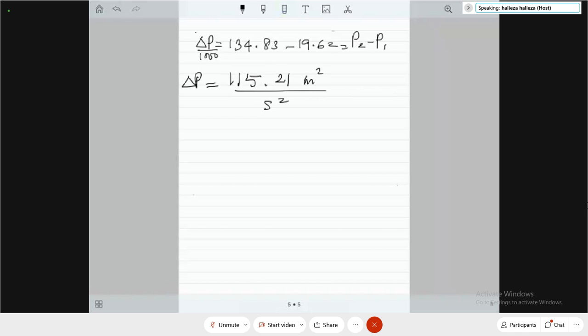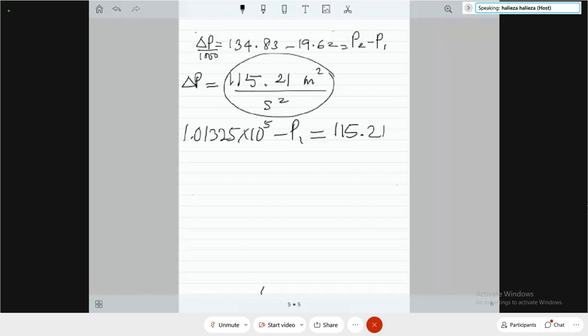So let's do this. P2 is given. P2 is 1 atm. So P2 is going to be, just now the value is 1.01325 times 10 to the power 5 minus P1, that equals 115.21, but you cannot stick with that value because you need to get it in Newton meter square. So how are we going to do that, guys?